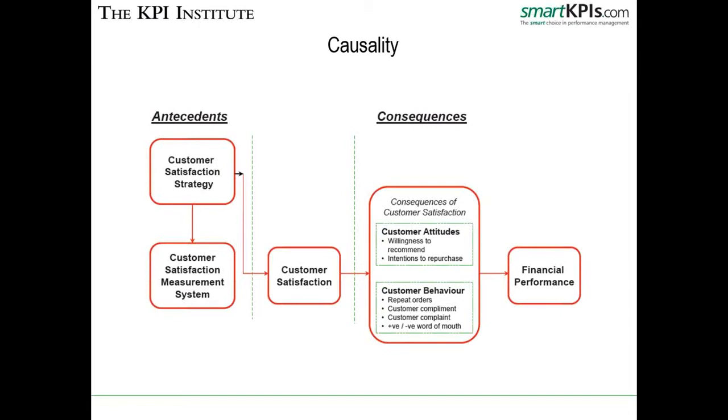Then we can make some analysis: if we further increase customer satisfaction by 20%, what is the impact on the profitability of the company, but also on other factors that customer satisfaction influences, both upstream and downstream?